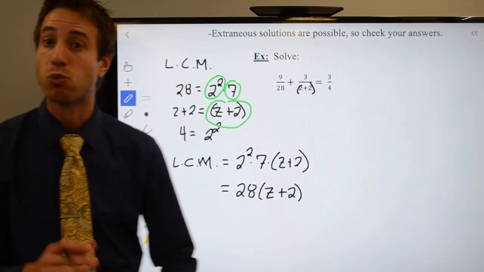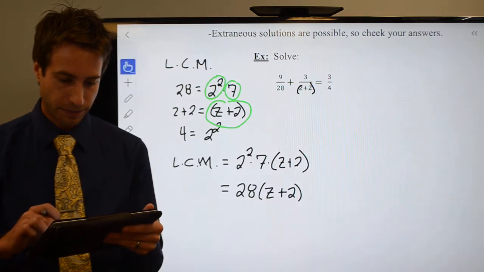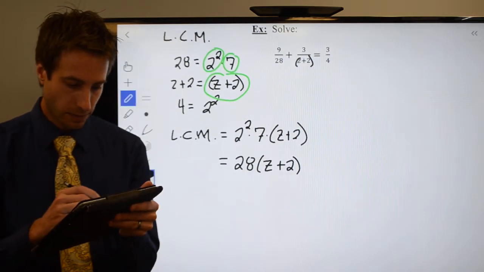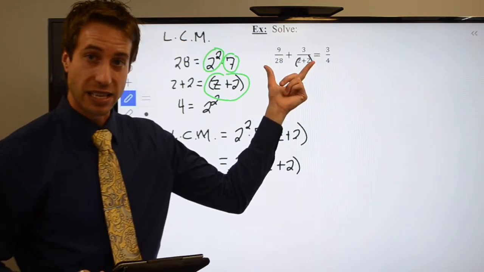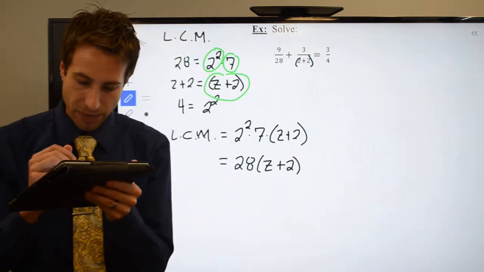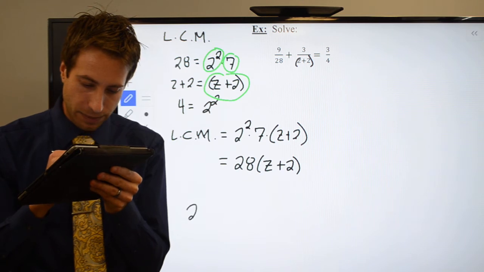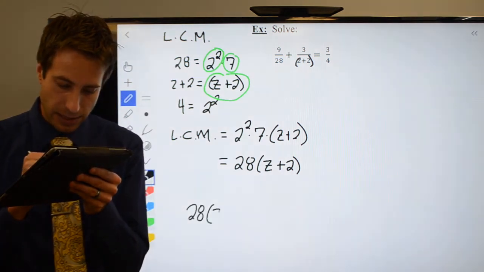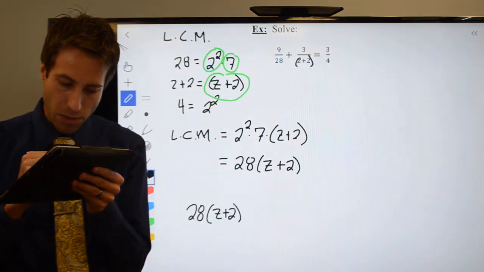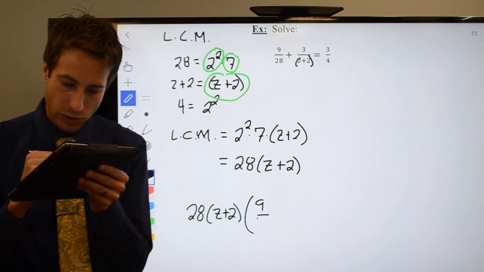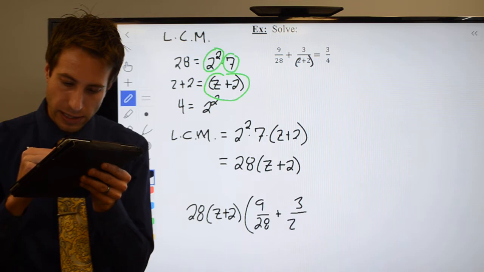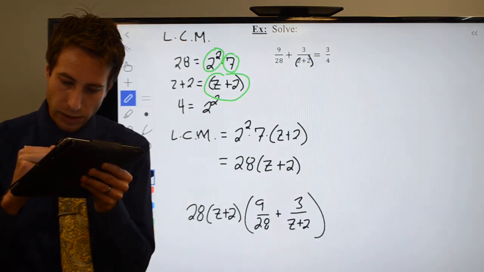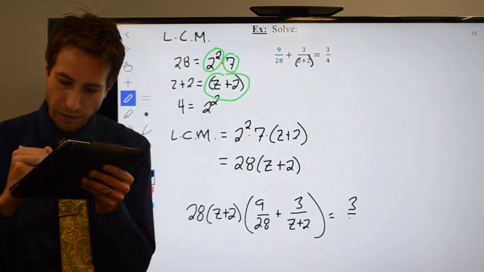So here's what it's going to look like. I'm going to multiply this side of the equation by the LCM. So I will have 28 times (z plus 2) multiplied by 9/28 plus 3 over z plus 2, all equal to 3/4.